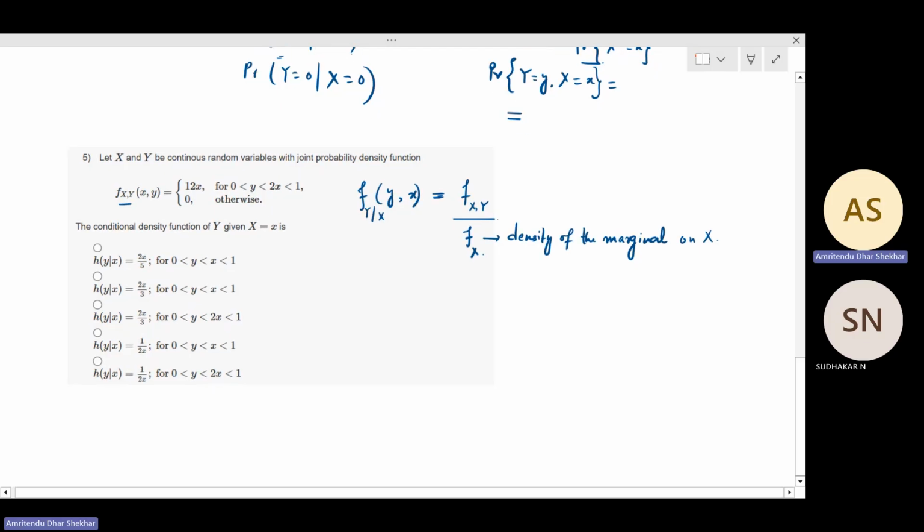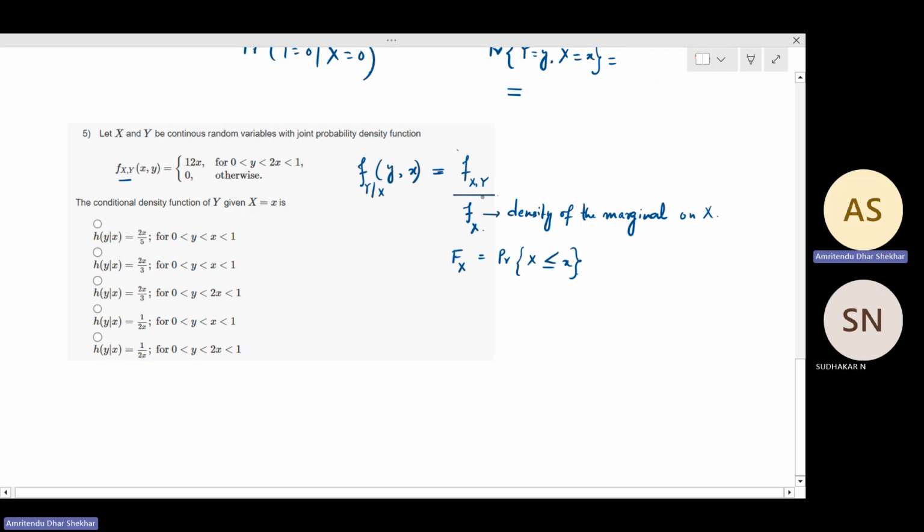Now, of course, the marginal on x is obtained as follows. If capital F subscript x is the marginal, then this marginal is essentially the probability of X being less than or equal to x.